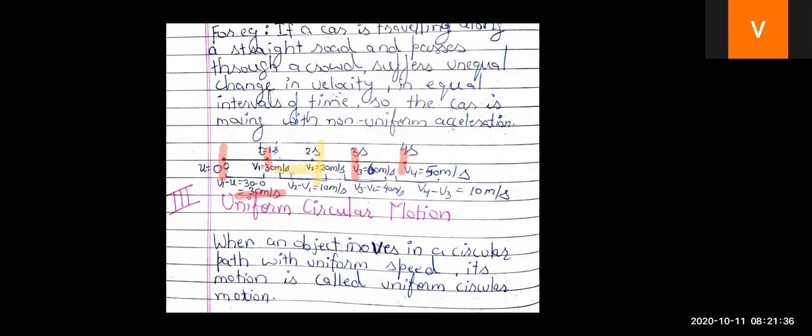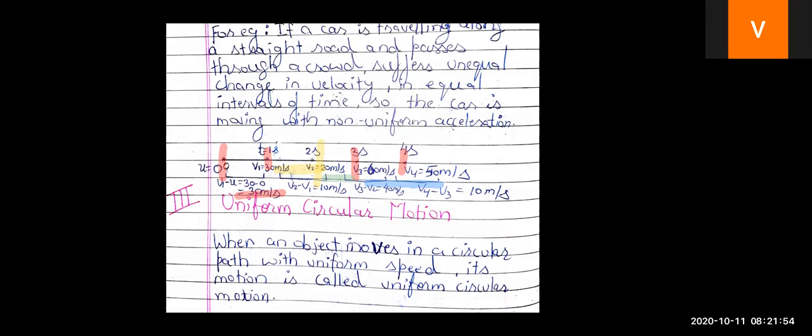That is minus 10. Here in the next slot, the change in velocity is 60 minus 20, 40 meter per second. And finally, the change in velocity, children, is 50 minus 60, that is minus 10.